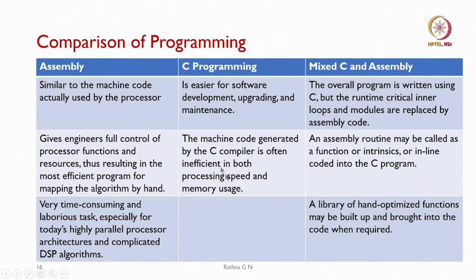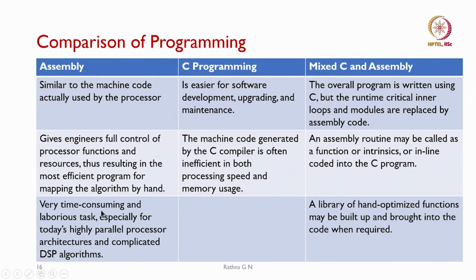So, coming to the comparison, we already said we have different programming options. One popular one for DSP processors in the earlier 80s and 90s was assembly programming. As I have already mentioned, it is equivalent to the machine code actually used by the processor, and this gives engineers full control of processor functions and resources, thus resulting in the most efficient program for mapping the algorithm by hand.